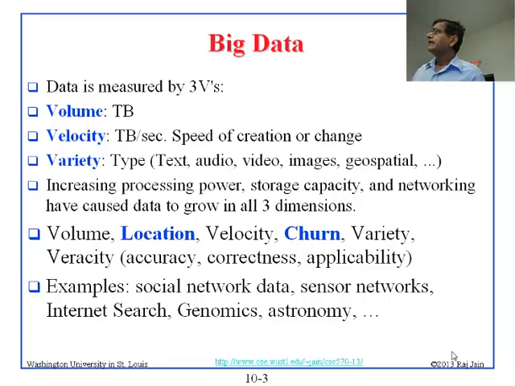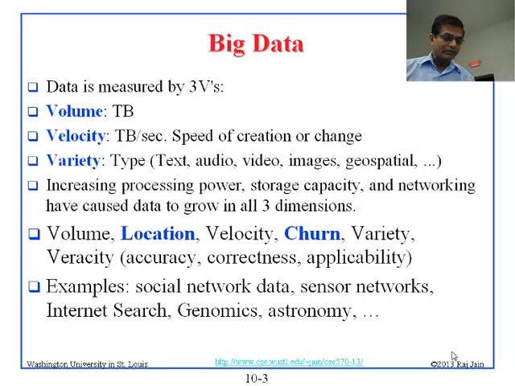All right, so churn is change, and then veracity. Veracity is accuracy. The data is very noisy. All right, so it's not perfect data. So how accurate it is, that also affects correctness, applicability. All of those are put into this 1 V. So if you really think about it, the problem is bigger than 3 V's.